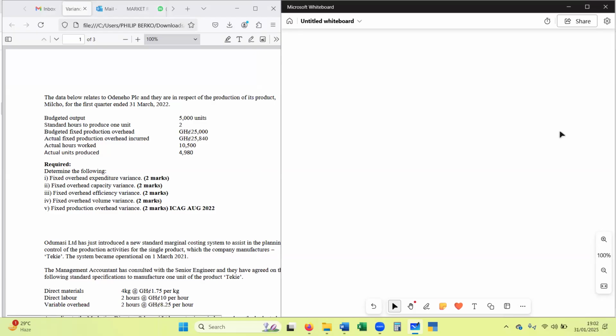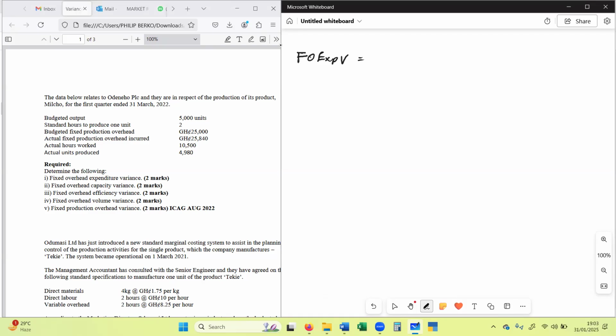Okay, all right. I think we can start now. So the first thing we are asked to do is fixed overhead expenditure variance. So what is the formula?